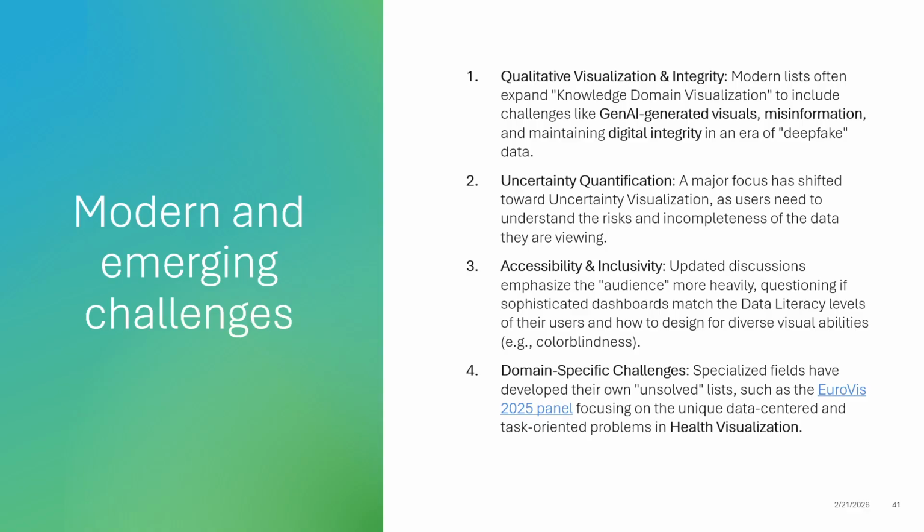Then we have emerging challenges in qualitative visualization and integrity, because if we have generative AI generating visuals, and we introduce some tools for that, is that generative AI really consuming the data the way it is, or is it just creating mistakes by the way it is designed, making up data or information that is not really representing the data?